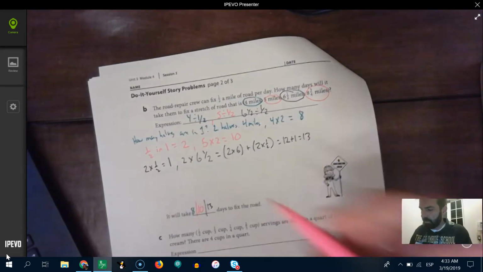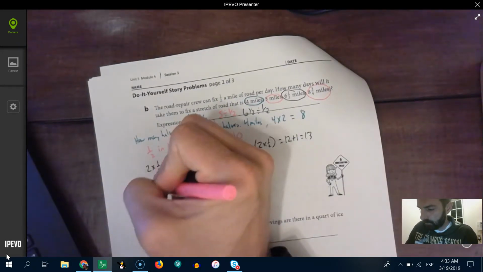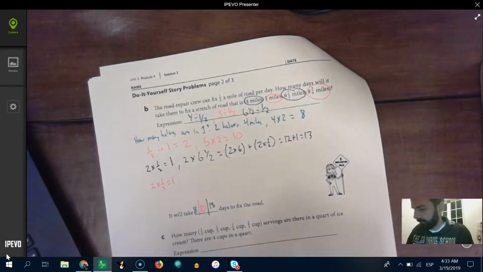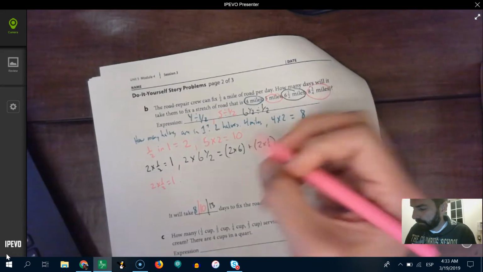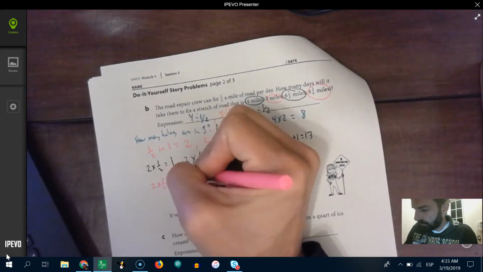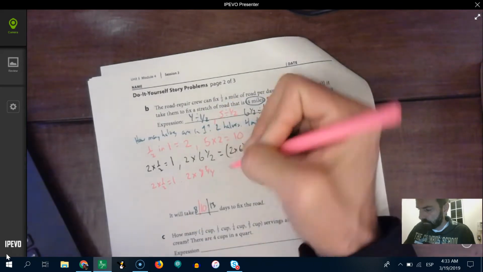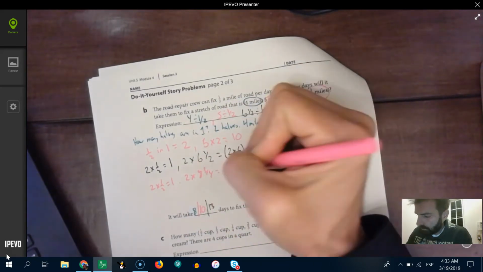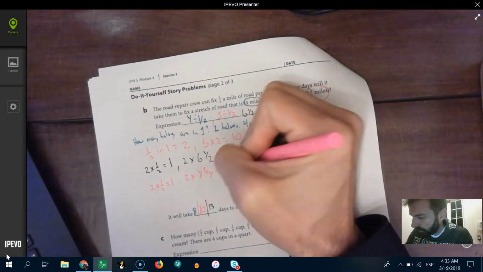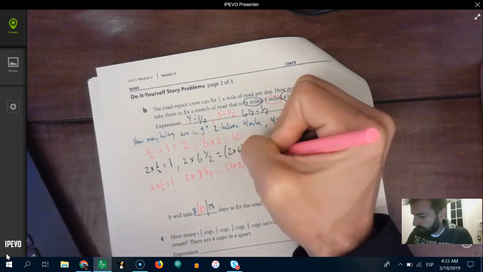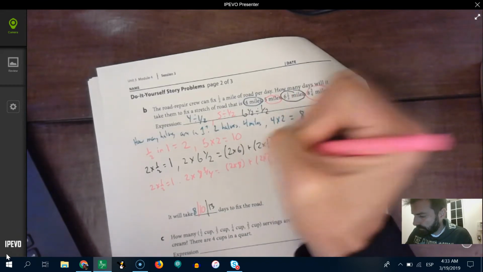And then we have 8 3/4. There's 2 halves in 1. I can then say 2 times 8 3/4, and that is equal to 2 times 8 plus 2 times 3/4.